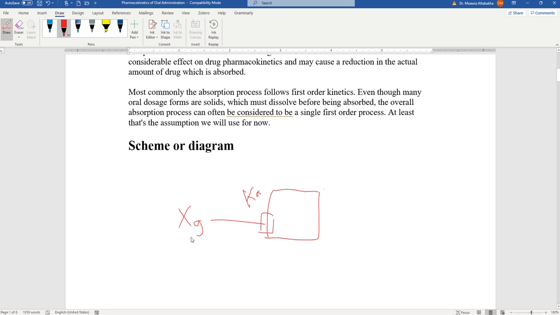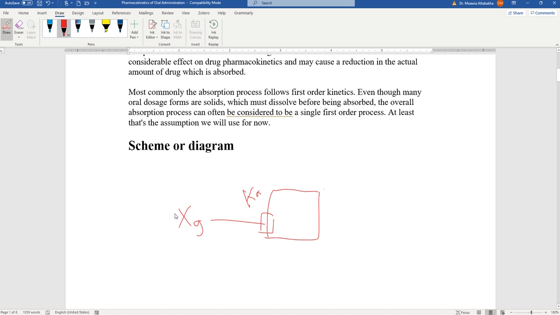But also I want you to know that this amount is supposed to be the one that will get to the systemic circulation eventually, because don't forget that we have the liver here. Okay, the liver can remove some of the drug.